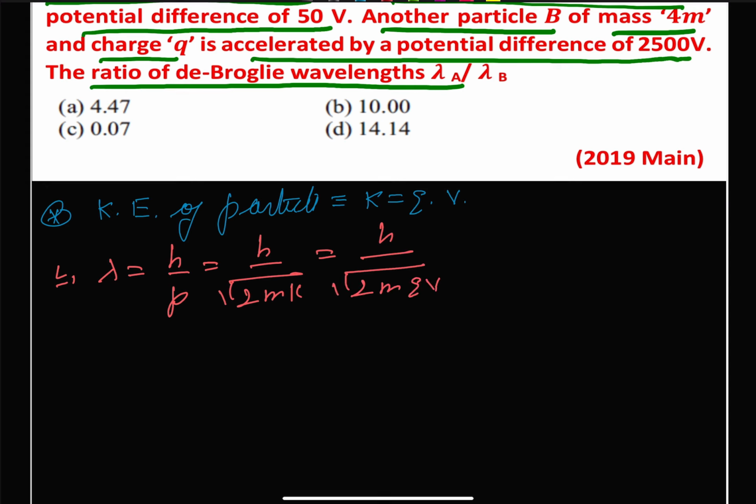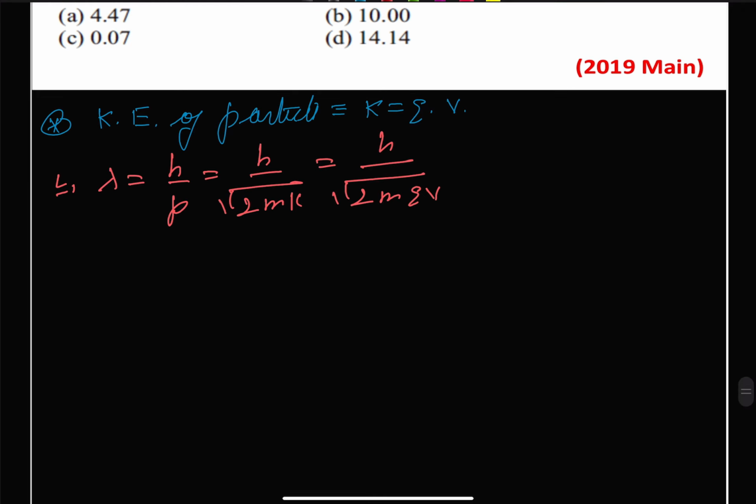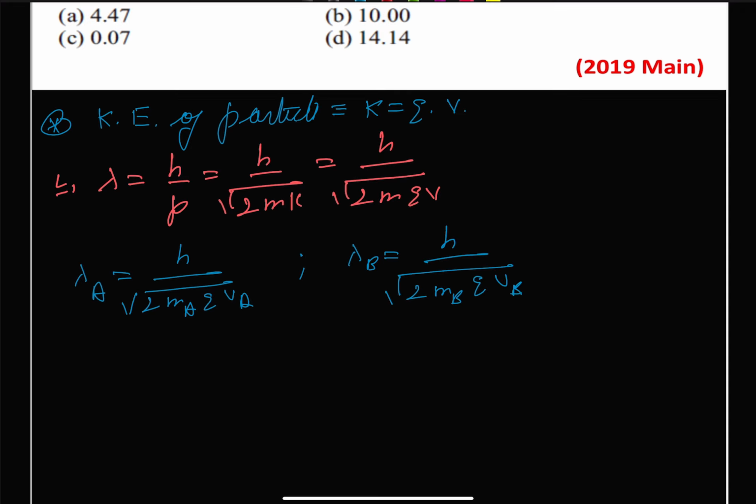So we have two particles, therefore we can divide this formula as our lambda A is equal to h upon square root of 2 ma q Va. Similarly, lambda B is equal to h upon square root of 2 mb q Vb, the charge being the same.